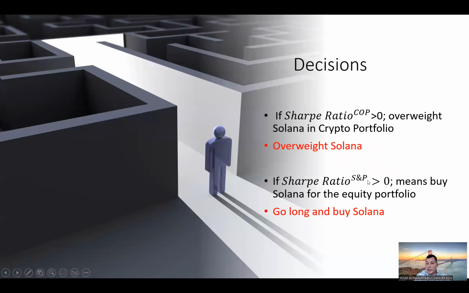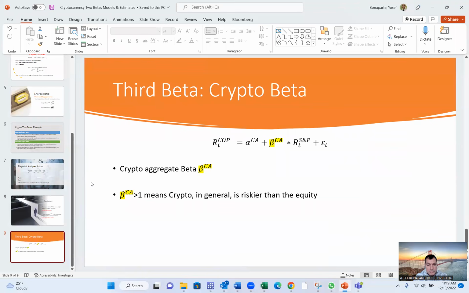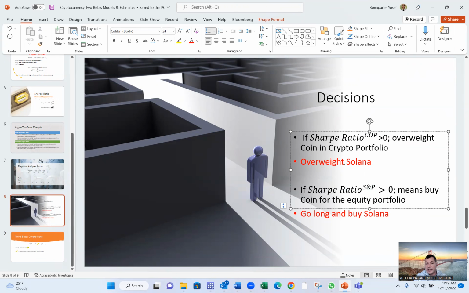If the Sharpe ratio for the S&P is greater than 0, overweight the coin. In this case, Solana, so go long Solana.